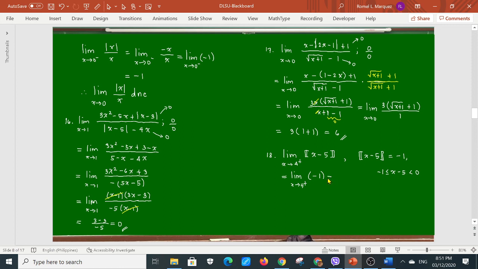What if you have the limit as x approaches 4 from the left of the greatest integer of x minus 5, or from the left this time.